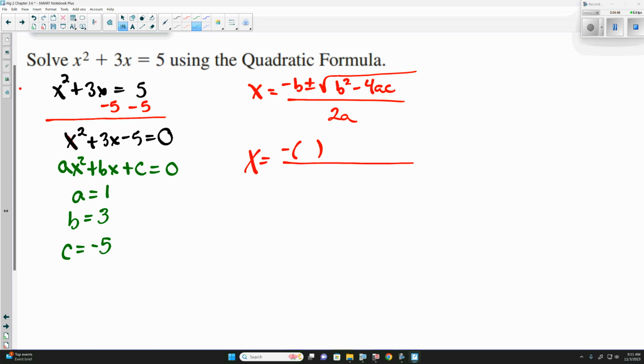So when we look at the formula, x is equal to negative b. We plug in the value b, which is 3, plus or minus the square root of. First thing inside the radical is b squared, so we would have 3 squared minus 4 times a, well, a is 1, times c, which is negative 5.